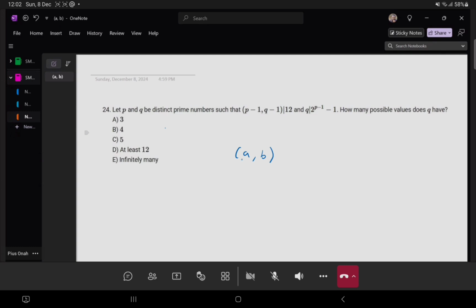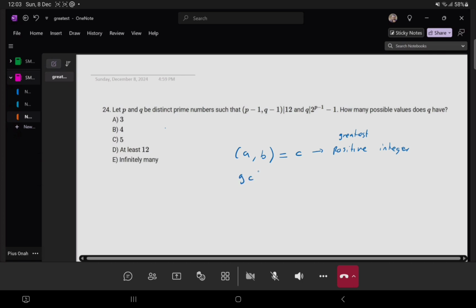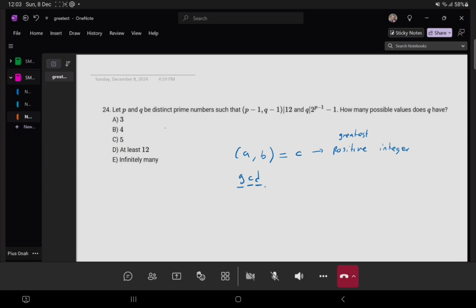GCD is a positive integer, the greatest possible positive integer C such that C is a factor of both A and B. GCD is short for greatest common divisor, or factor.